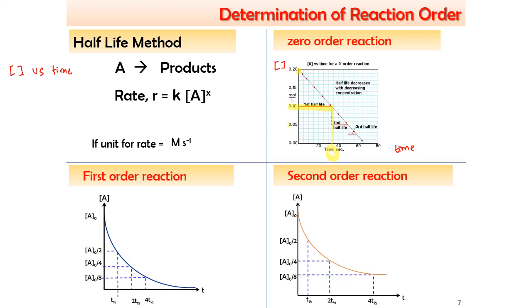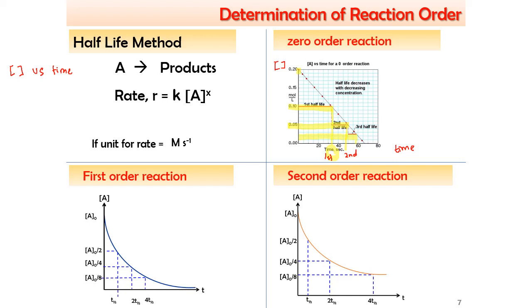So initial concentration divided by 4, you will get this value 0.05, and then you will get the second half-life here. So this is the first one, and this is the second, and you can also find the third half-life here.